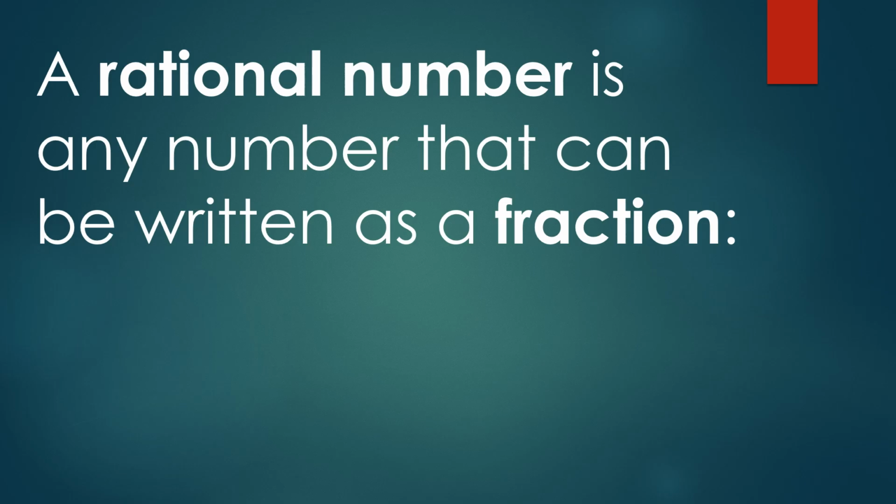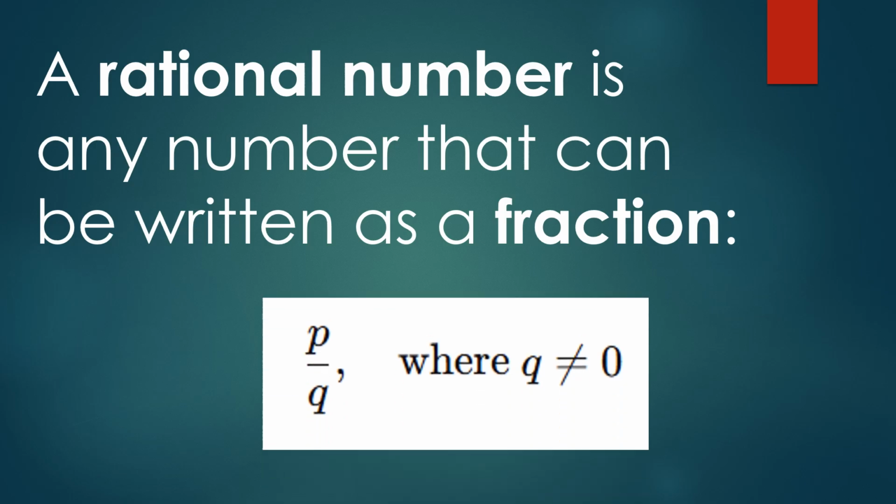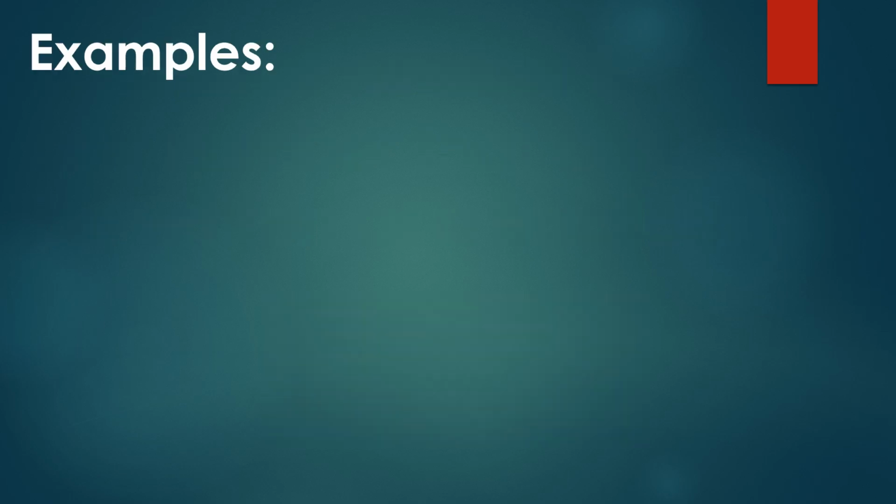A rational number is any number that can be written as a fraction. Example, we have P over Q, where Q is not equal to 0. So yan lang po ang tatandaan natin. Ang denominator natin hindi dapat mag 0.